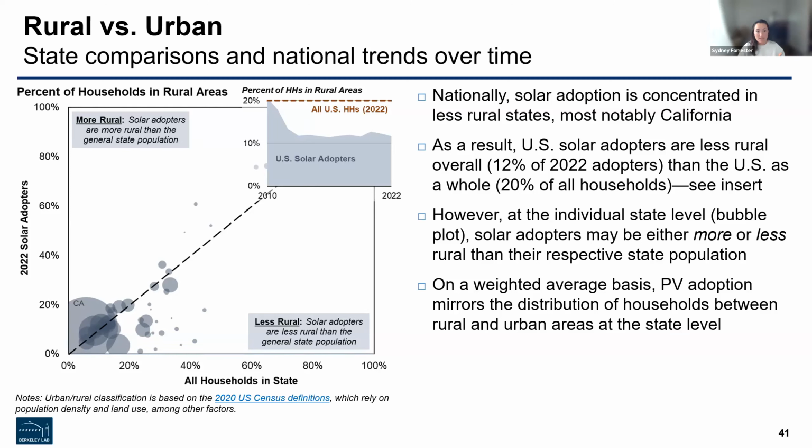And again, what we saw here is that they are less rural compared to the US. So that is the little inlaid figure. But at a state level, which we saw in that earlier figure, solar adopters are 2% more rural. So again, it's just scattered over that dotted line. Next slide.